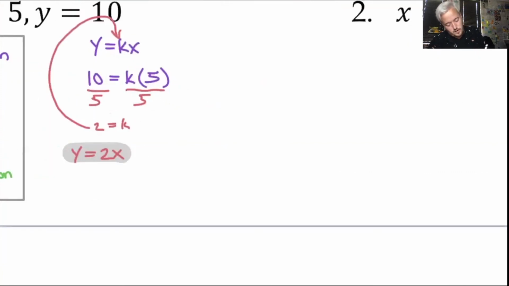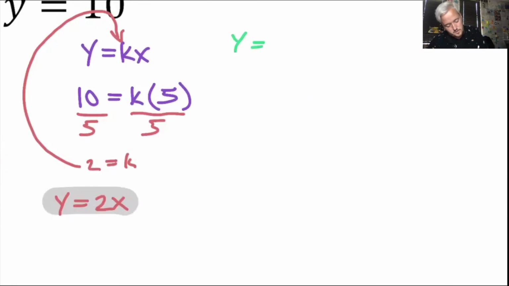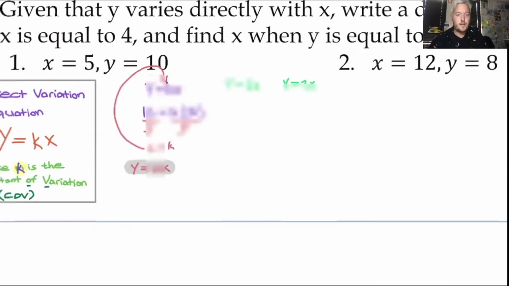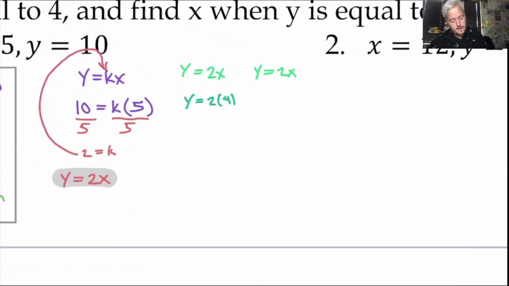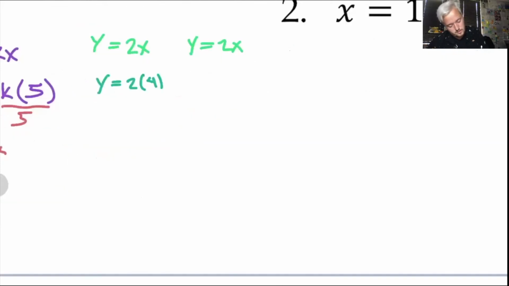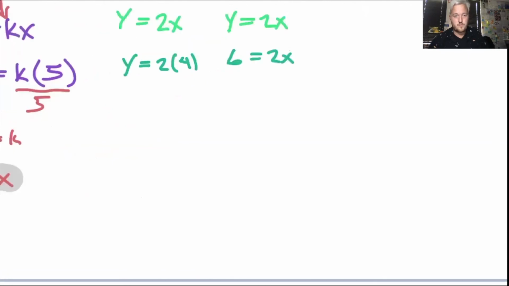So find y. I'm actually going to do this in 2 columns. You can do this however you please. So find y when x is equal to 4. So y equals 2 times 4. And find x when y is equal to 6. So I want to solve both of those equations for their respective variable.